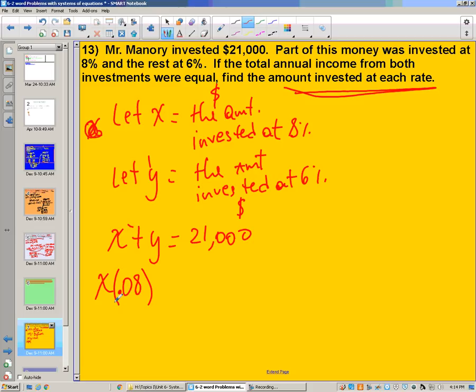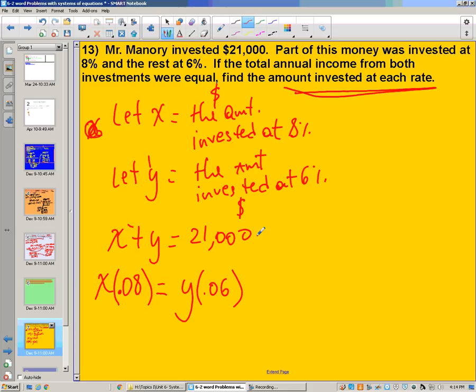So I know that that's the annual income. When I invest at 8%, this is the amount of money times 8%. And I know that that is actually equal to the amount of money I invest, but not at 8%, at 6%. Right? So these two total incomes happen to be the same at the end of the year.